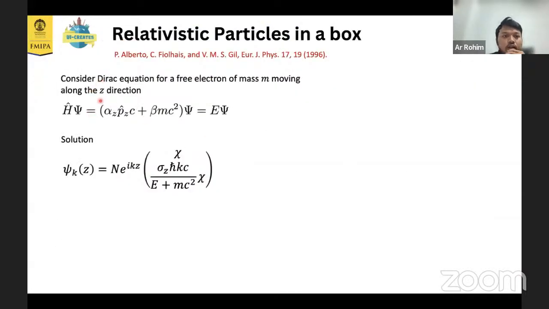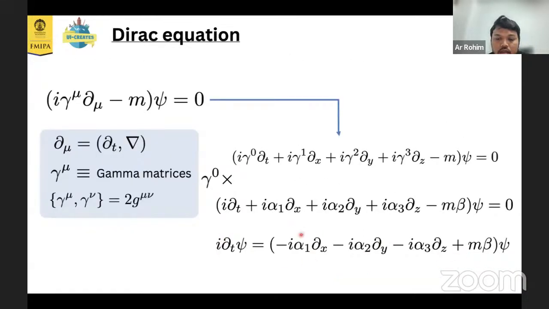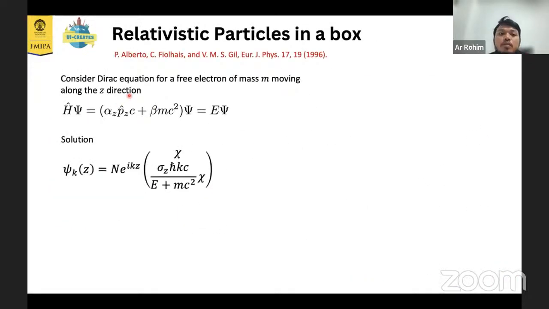Okay. So we consider the Dirac equation for a free electron of mass m moving along the z direction. The Dirac equation is given by this one, and this equation is obtained from this one. This one corresponds to the Hamiltonian operator, and minus i partial x, y and z correspond to this, only in 1 plus 1 dimensions, time and z dimensions.